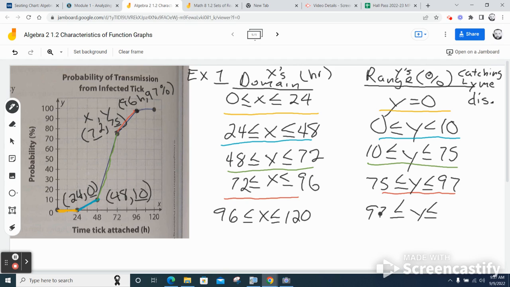Oh, no, it says, yeah, it says almost 100%. So you could write 100%. I'll probably be more inclined to put 99.9%. That's the scientist in me.